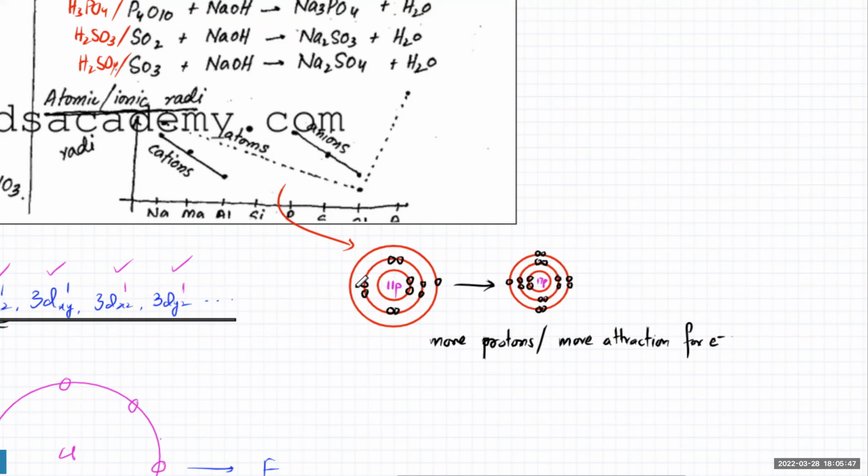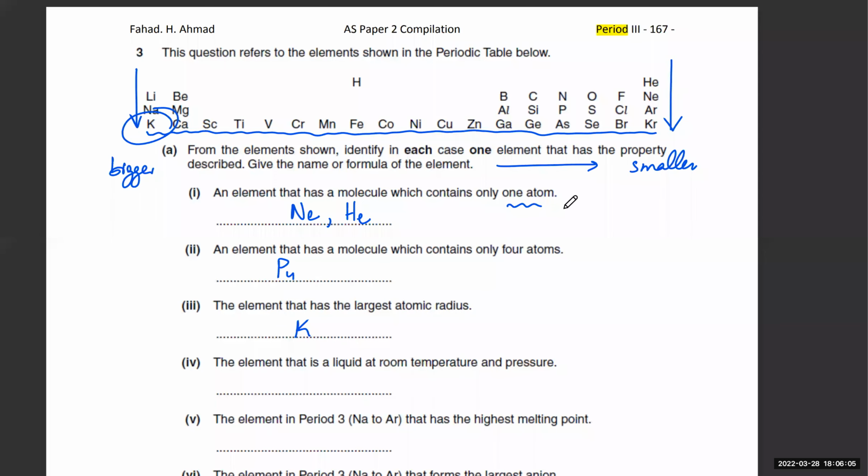They have exactly the same number of shells, but because you have greater protons, there's going to be more attraction for electrons. But bromine has 35 protons, and potassium just has 19. That's almost double the protons, so there's double the attraction. So the bromine atom would be much smaller compared to potassium. So potassium is the right answer.